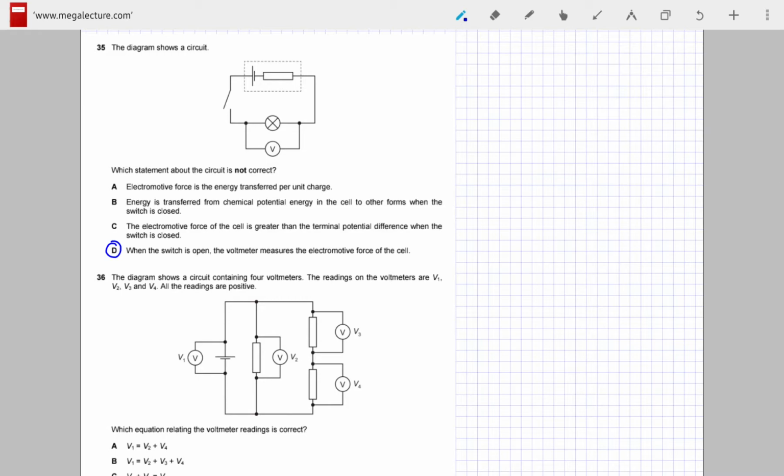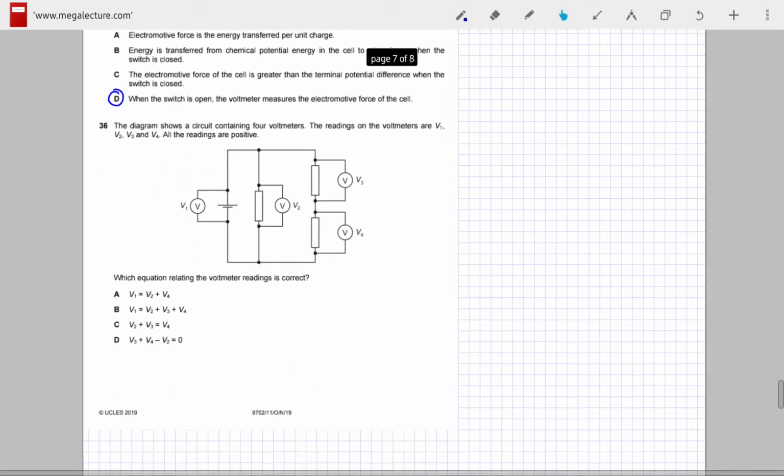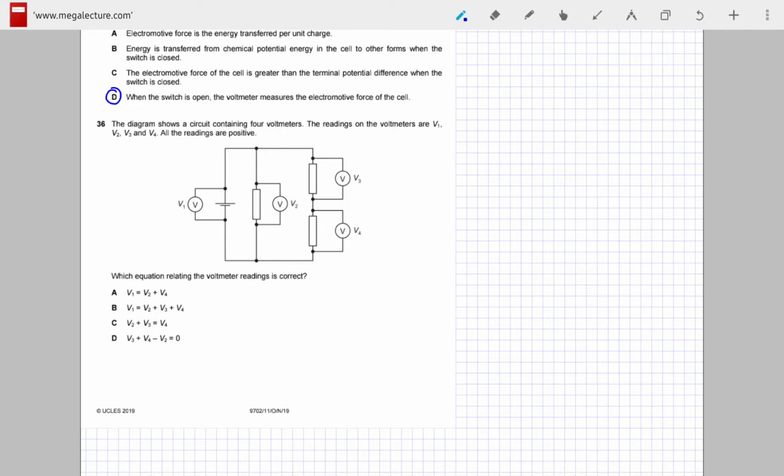Right, so next we have problem number 36, and the diagram shows a circuit that contains 4 voltmeters, and the readings on the voltmeters are V1, V2, V3, and V4. All of these readings are positive, and we're asked which equation relating the voltmeter readings is correct. So let's solve this part, right? For the parallel circuit, we have this one, that is V1, and this is equal to V2, right?